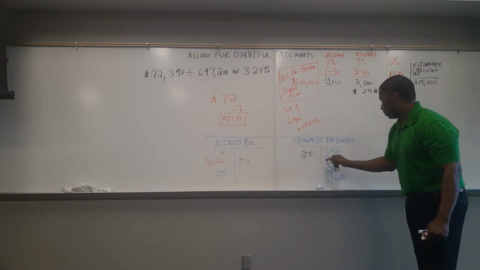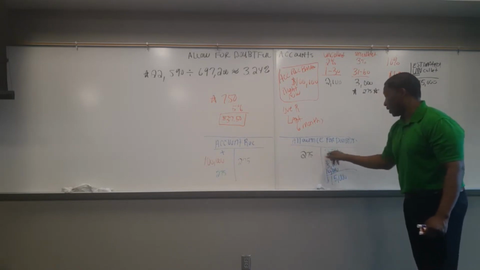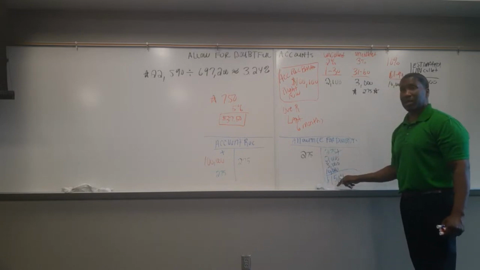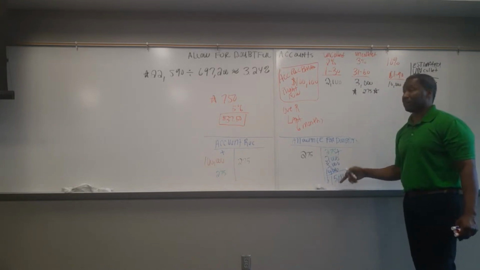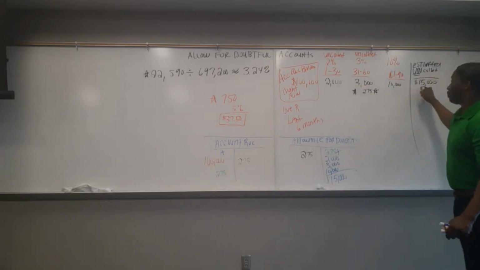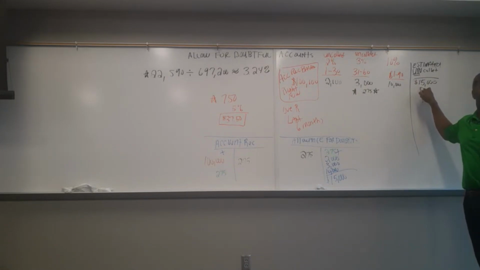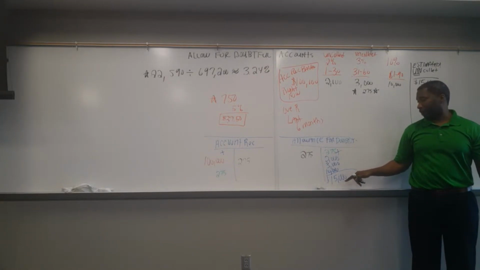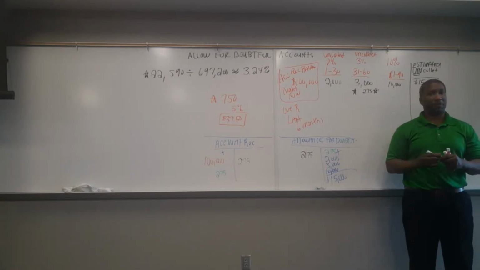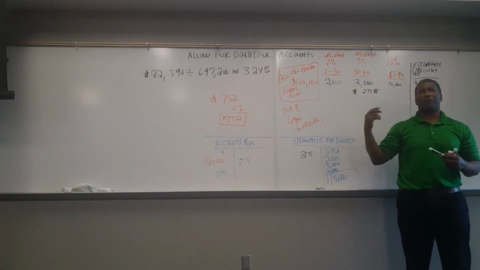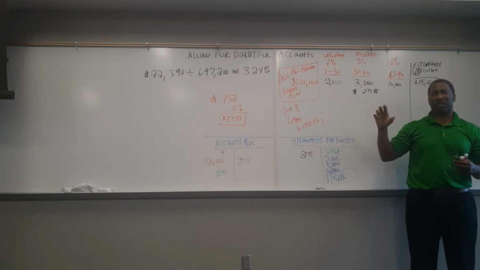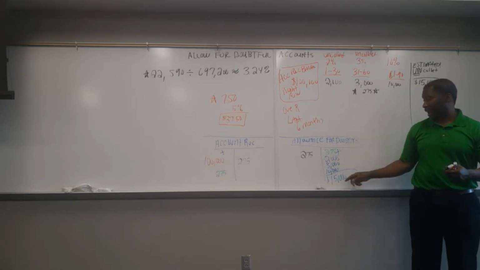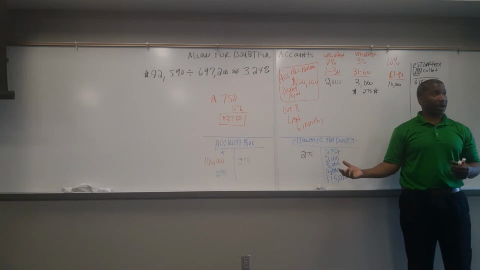Now, obviously that was a deduction, but these two cancel out, which means I'm still left with a $15,000 balance. Think about it. This is what you expect not to collect, right? Then all of a sudden you found out I couldn't pay. That dropped your balance from $15,000 by $275, which left you with a lower balance, right?